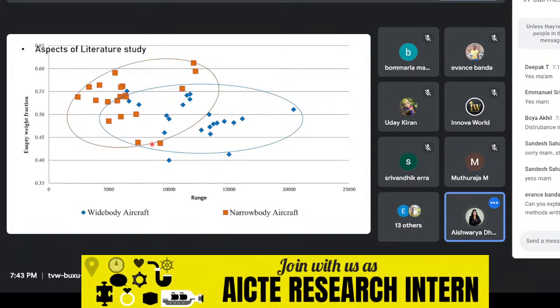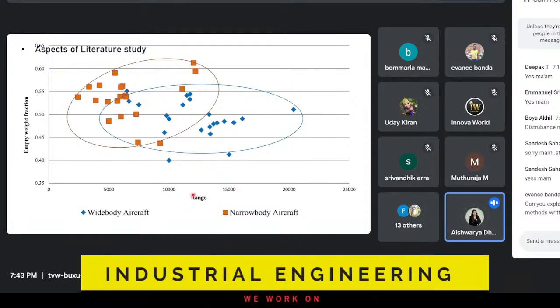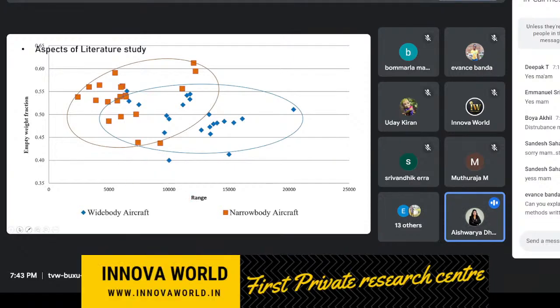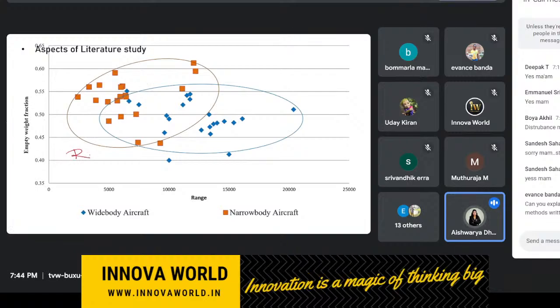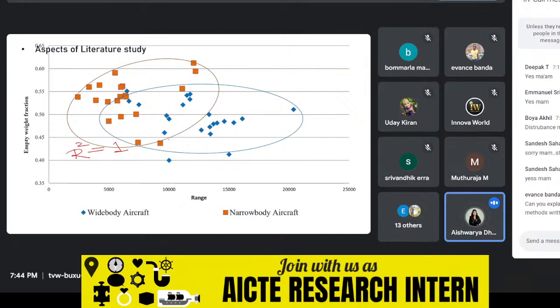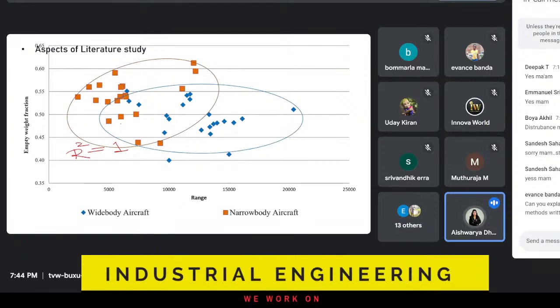If I need to find the relationship between the range and some factor, you don't have to understand what this factor is or what the range is. If the value of R square, the correlation factor, is very close to 1, we consider that the two are very strongly connected.